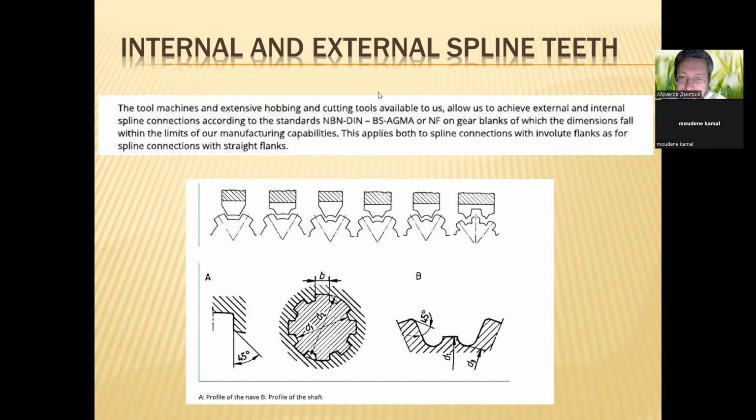This applies both to spline connections with involute flanks and with straight flanks. You can see internal diameter of the spline connection, external diameter of the spline connection, and width of this, B. Internal diameter, it's D1, external diameter D2, and width, it's B.